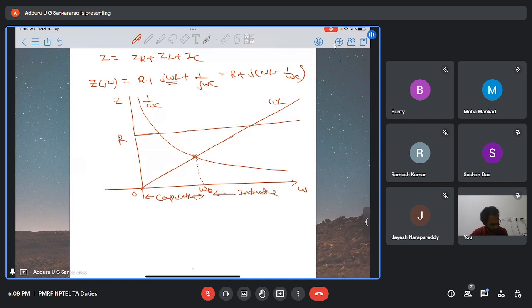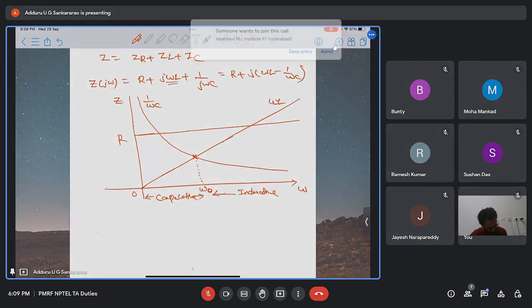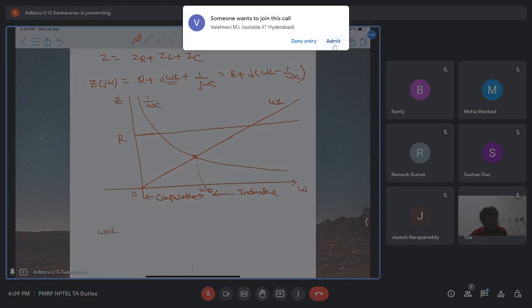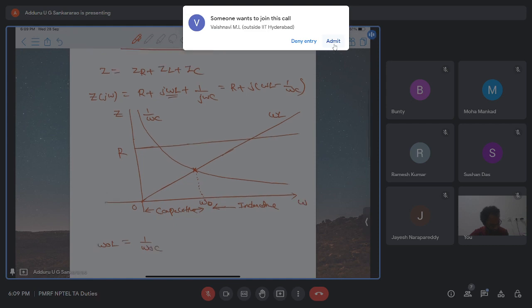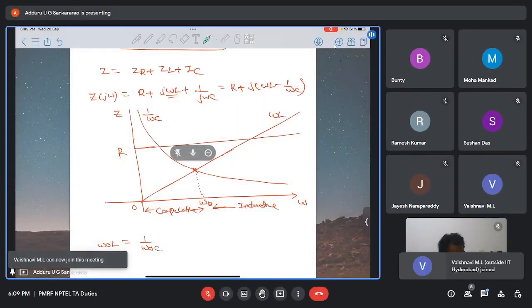At omega naught, the impedance of the inductor is equal to the impedance of the capacitor. In Z, the impedance of the inductor and the impedance of the capacitor will get cancelled, so only we will get R.